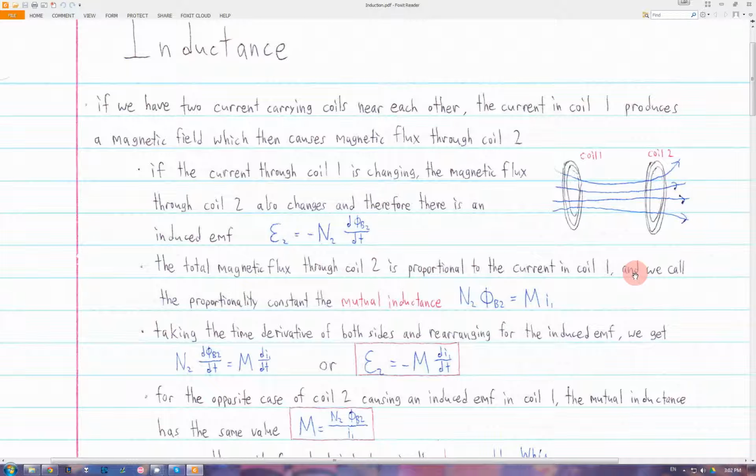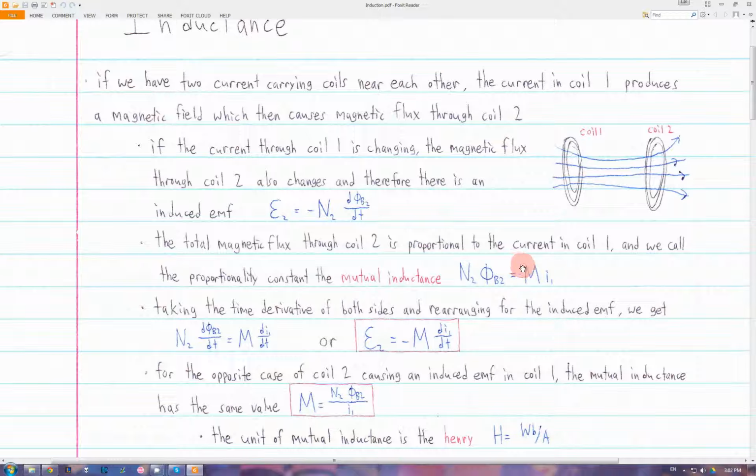Of course we can also have the opposite thing happen, where the current in coil 2 is changing, which makes a changing magnetic flux through coil 1, and therefore induces an EMF in coil 1. If we were to do the same equation, you would find that the mutual inductance is the same in both cases. So for any pair of conductors, there is only one value of the mutual inductance.